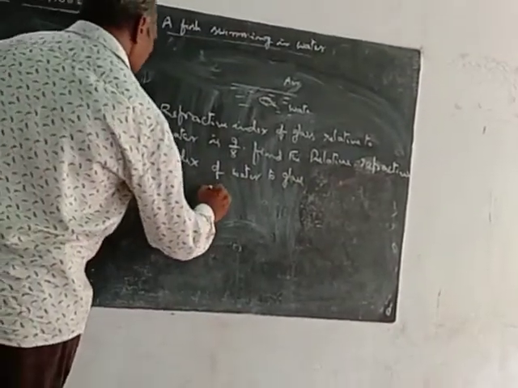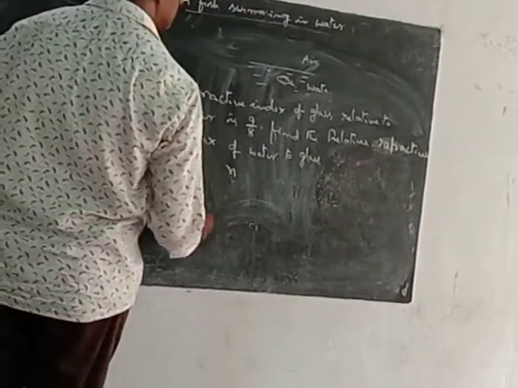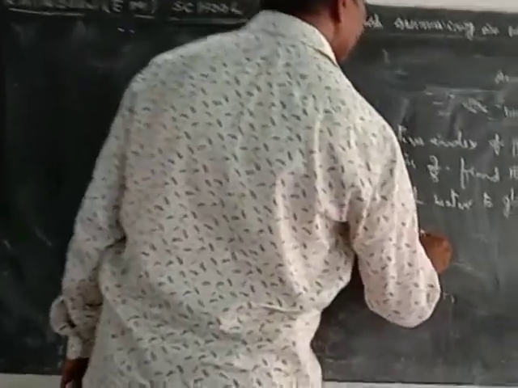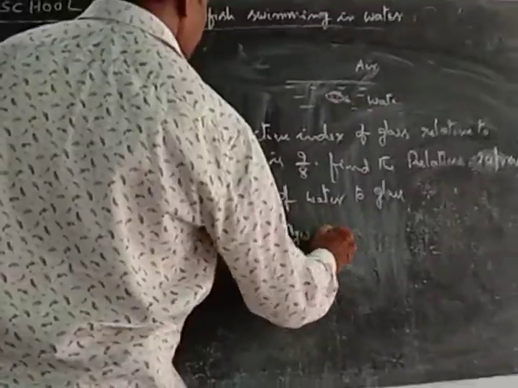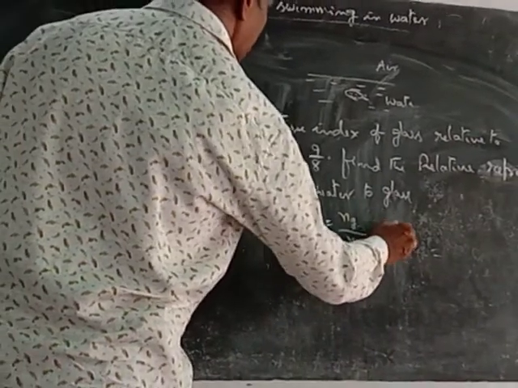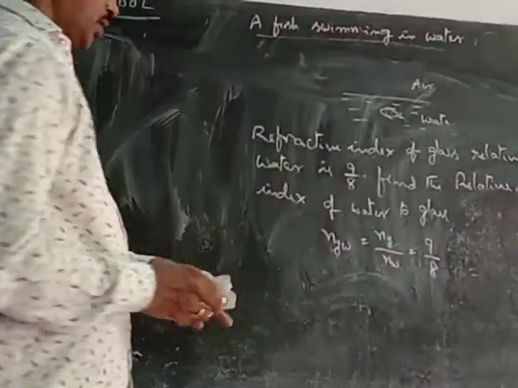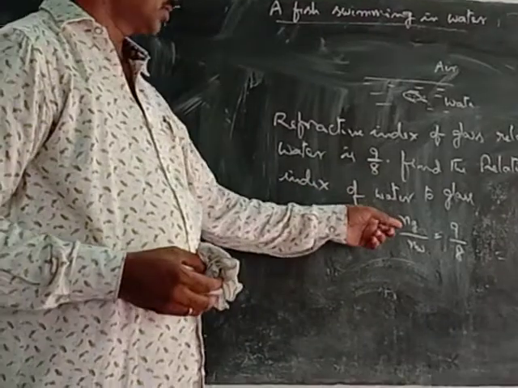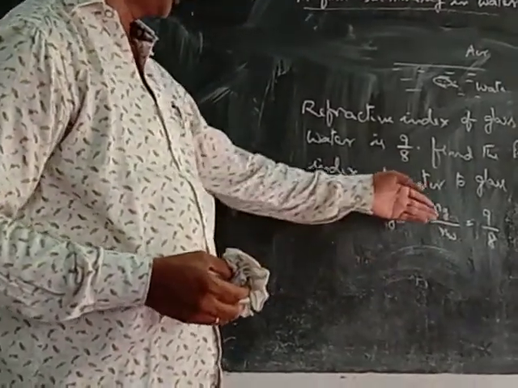That means nGW is equal to nG by nW is equal to 9/8. The refractive index of glass relative to water, that value is 9/8.